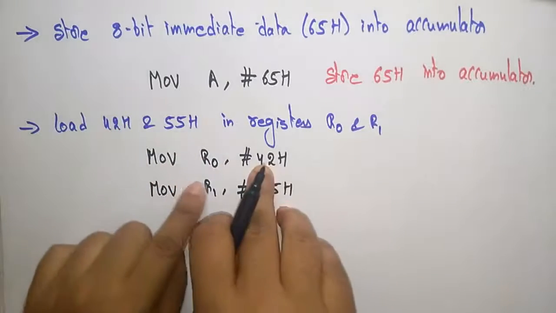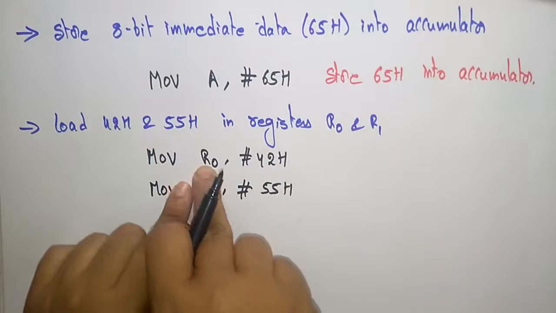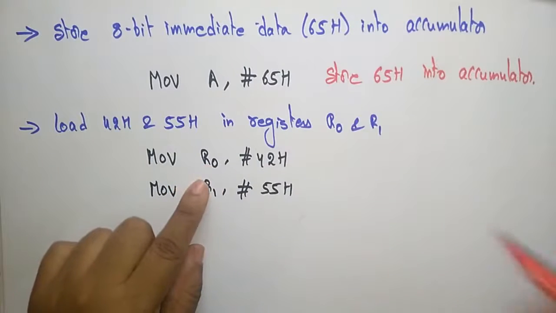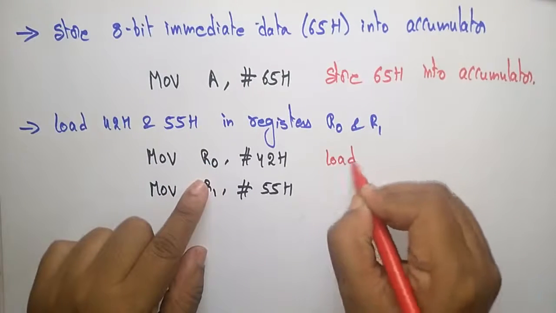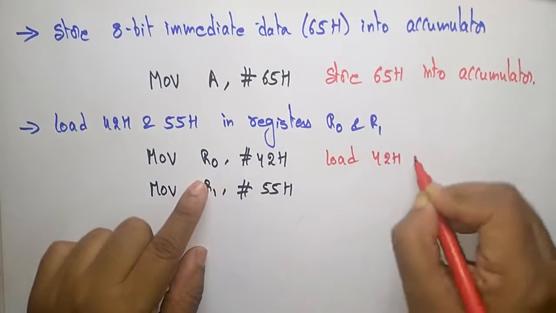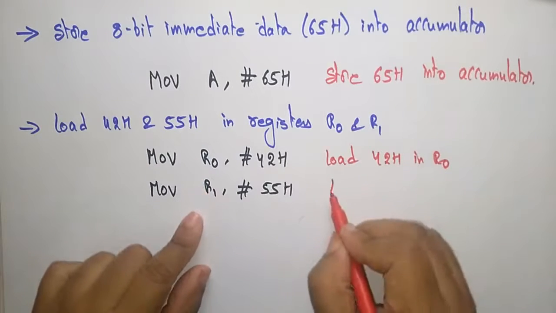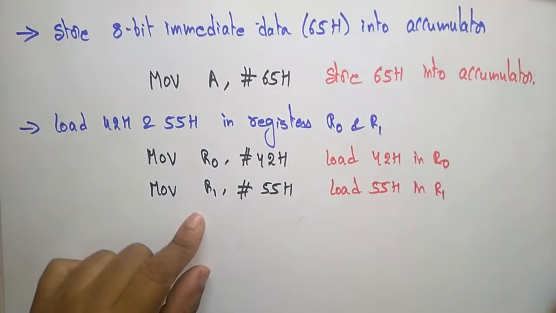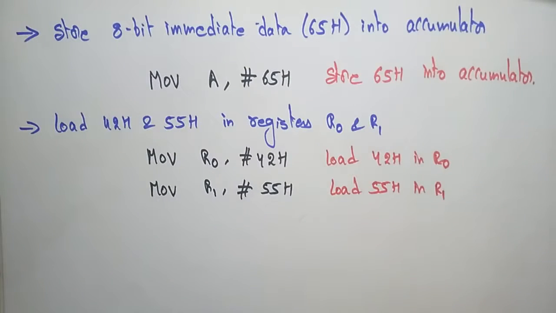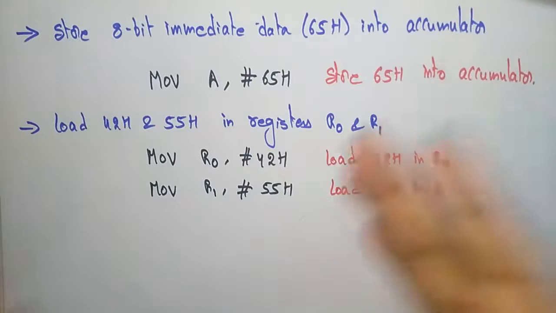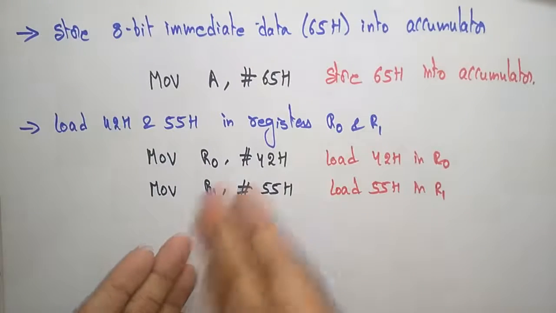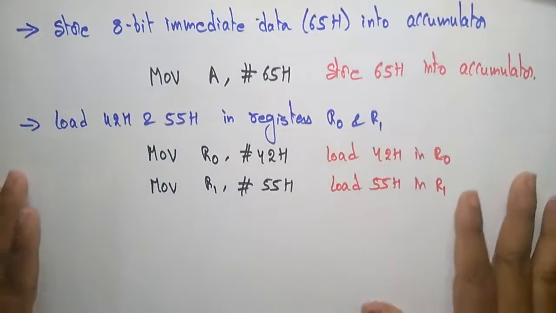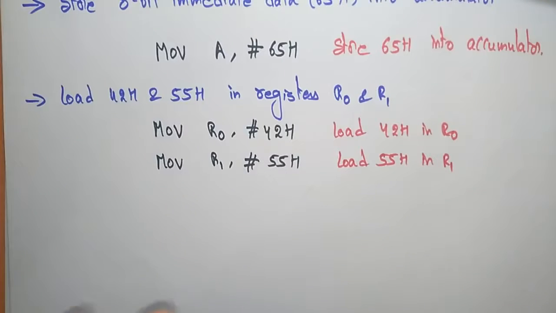So the data on the right side moves to the left side. Here it loads 42H in the R0 register and 55H in the R1 register. I am just explaining how we use the instructions and registers for writing programs.